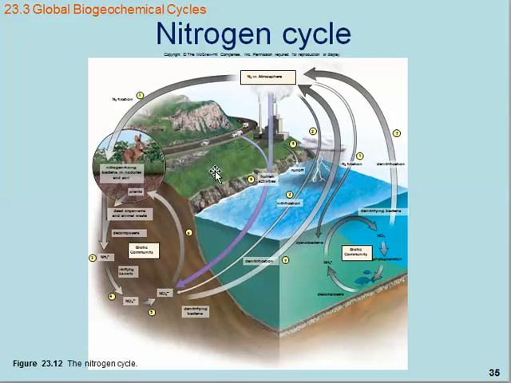So how have humans interfered with this? Well, you can see we're driving our cars, and these internal combustion engines have very high temperatures, you know that if you've ever made the mistake of touching a hot tailpipe. They actually bring nitrogen in the atmosphere into contact with oxygen to form nitrogen oxides.